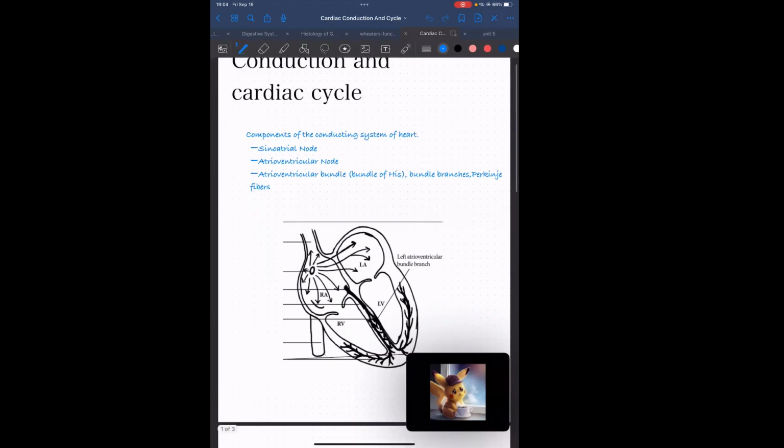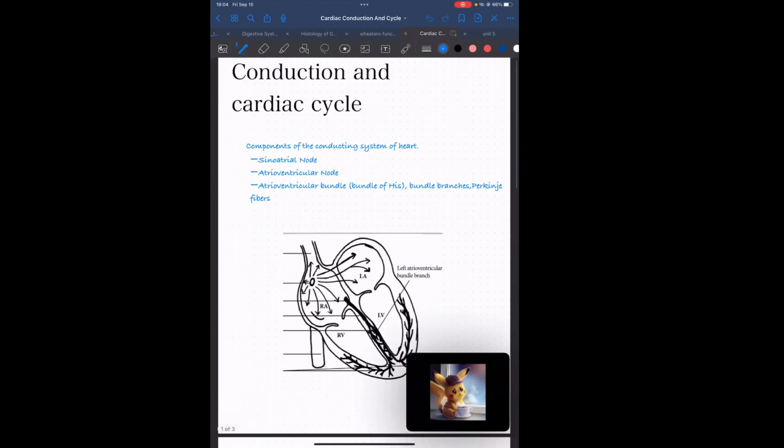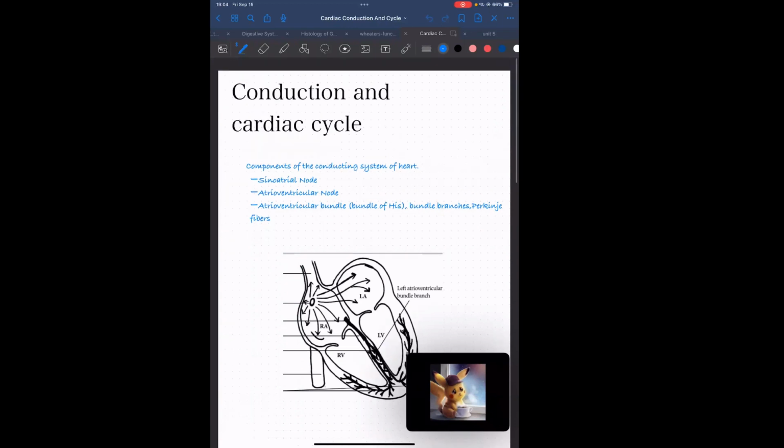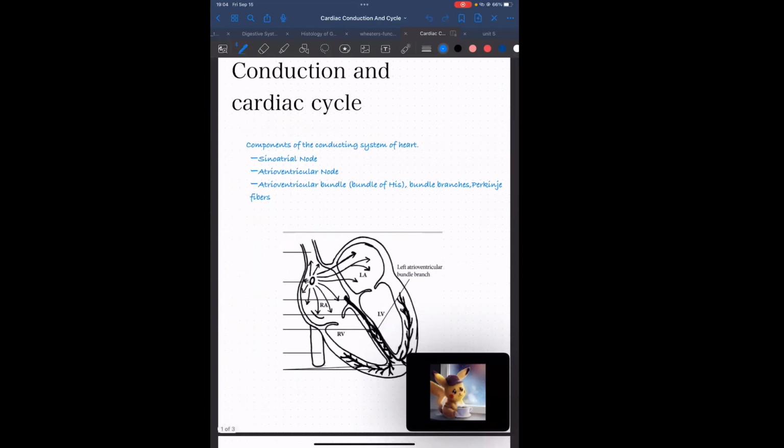So cardiac conduction is the electrical activity of the heart. Cardiac conduction consists of three components: the SA node, the AV node, and the atrioventricular bundle. This bundle further divides into bundle branches.